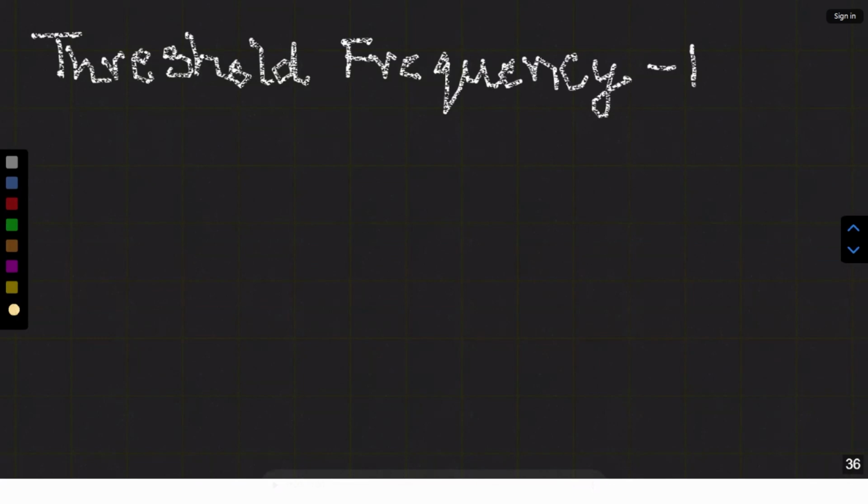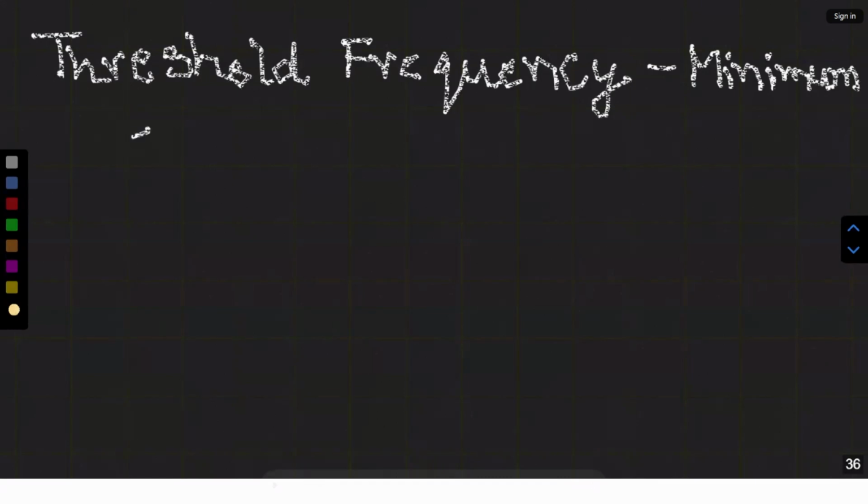It is the minimum, okay? It has to be remembered. It's not the maximum, but the minimum frequency of light required to cause the ejection of electrons from a material. Below this frequency, no photoelectrons are emitted regardless of the intensity of the incident light.